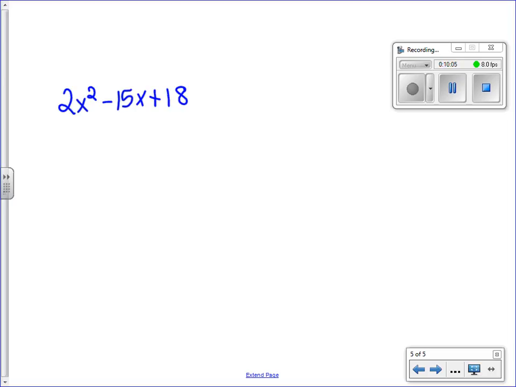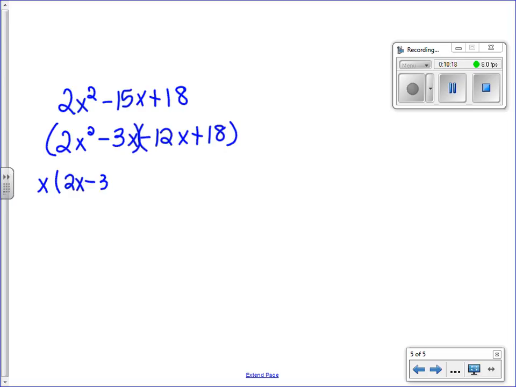Negative 3 and negative 12? That, and I have 2x minus 3. I go to negative 6, and I have 2x minus 3. So it's x minus 6 and 2x minus 3.